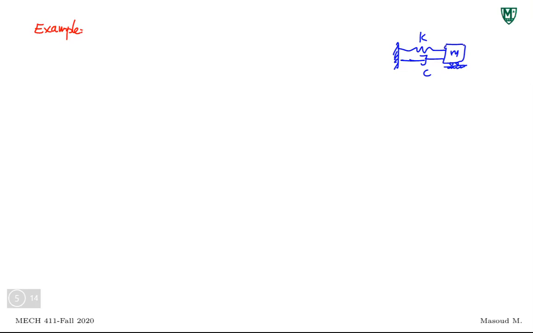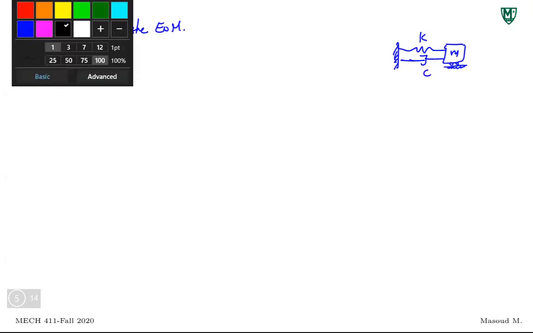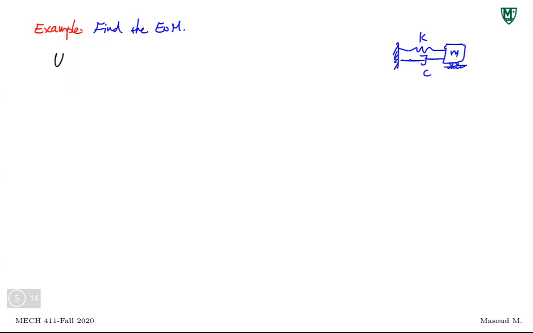So the same problem statement. Find the equation of motion for this system, assuming that the motion starts from equilibrium point. Now, potential energy is still the same, 1/2 kx squared, as long as the motion starts from equilibrium, so x is the amount of deformation.